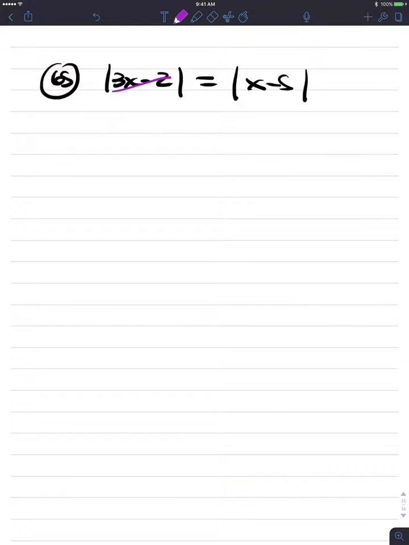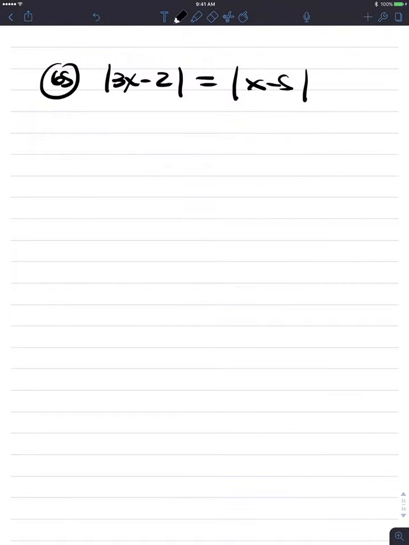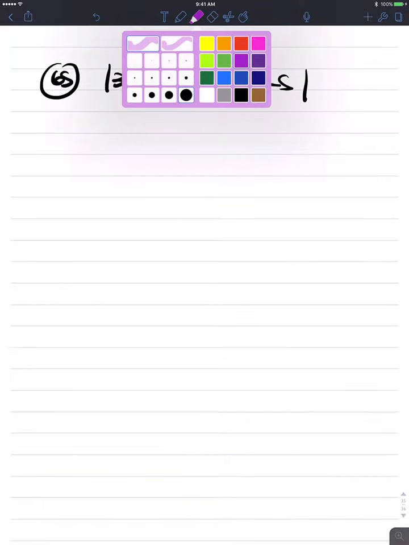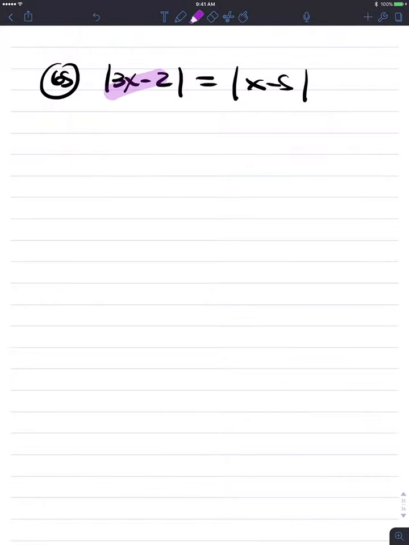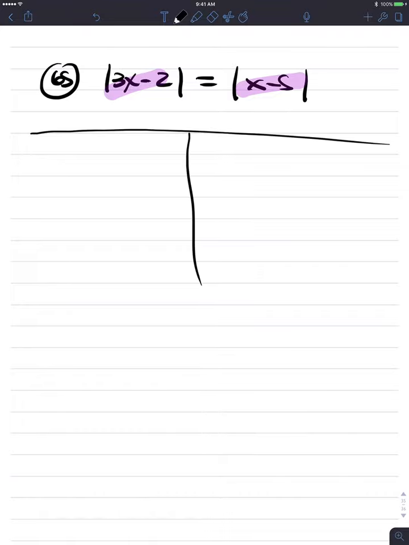That means 3x minus 2 here in the first absolute value is 3x minus 2. In one case is the same as x minus 5. So we say 3x minus 2 is the same as x minus 5.